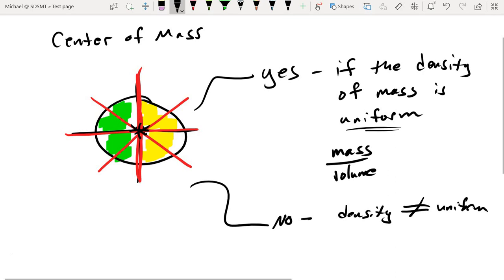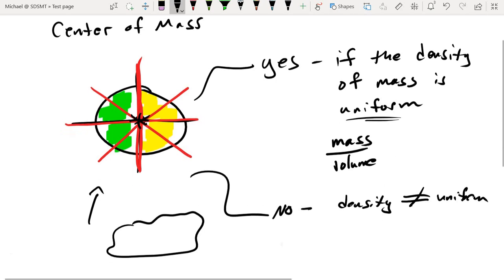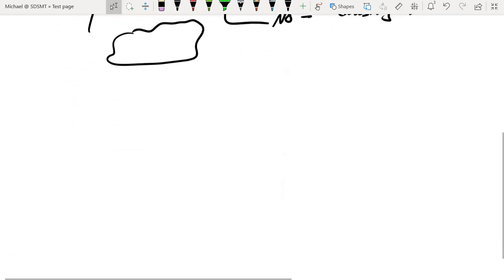Another problem is what happens if we have a mass that isn't necessarily symmetric, like what we have up here with the sphere. What happens if I have something that's more like a potato? It's not so simple to figure out where those bisector cuts should go. And so we'll need to discuss what to do in cases like that.